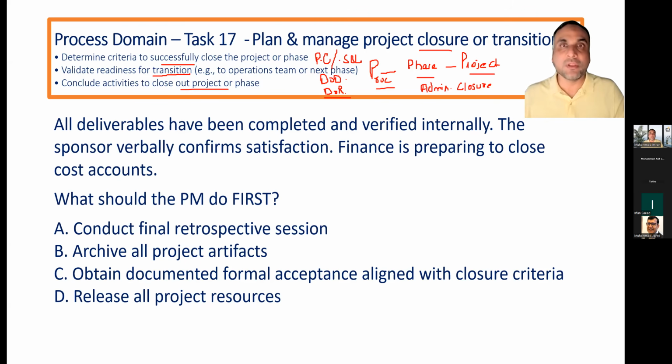Conclude activities to close out the project or phase. If you think all the things are done, then start working on administrative closure. You will collect all the documents, submit the project file to the relevant stakeholders, and prepare the final report to be submitted to stakeholders. You will perform the sellers' and suppliers' evaluations of those you worked with in the project. You will also evaluate your team members before releasing them and collect the lessons learned from them.